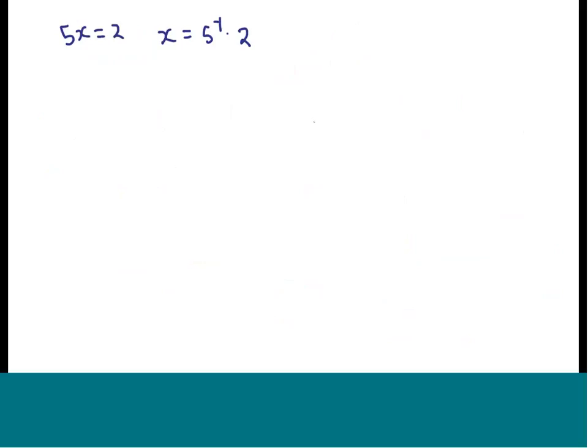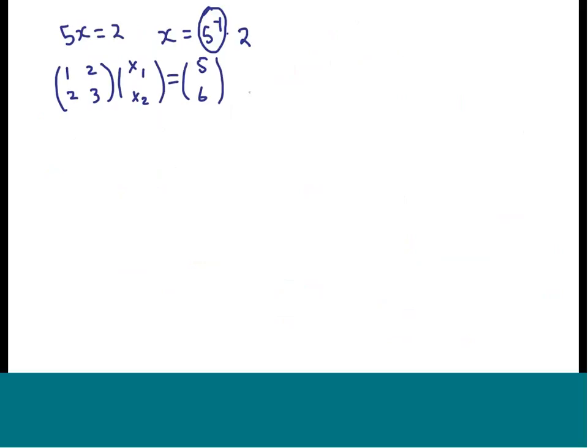The same thing holds with matrices. For example, take the matrix 1, 2, 2, 3, times x1, x2, equals 5, 6. So you can solve it one by one.